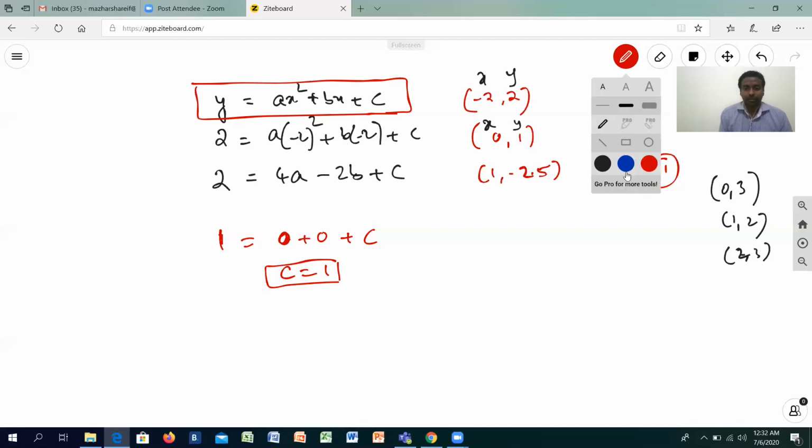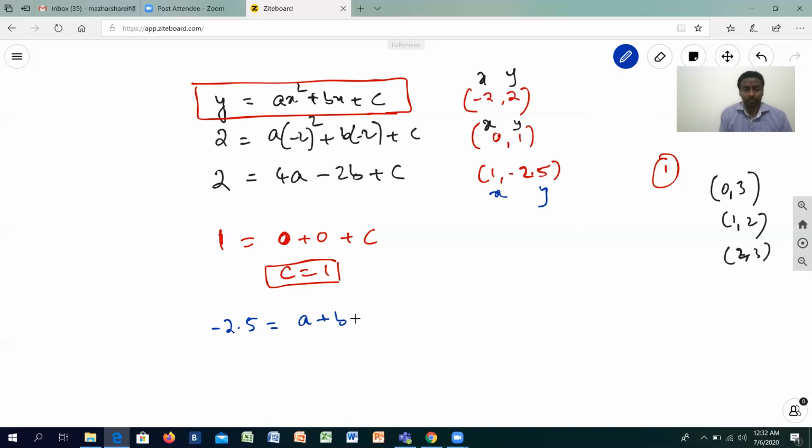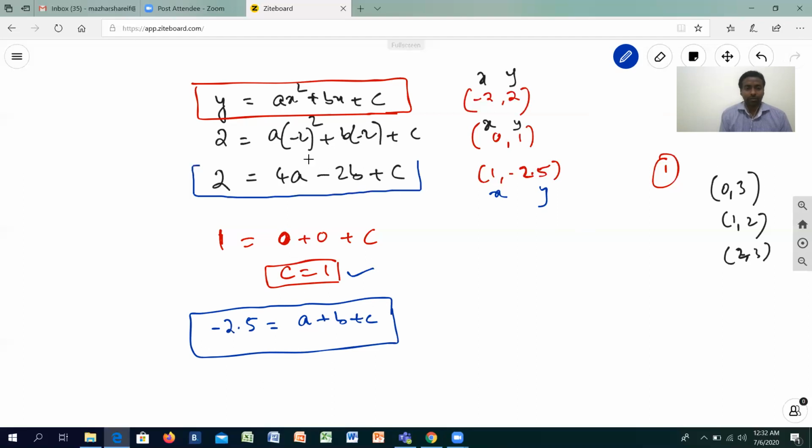Let me take the other point, x and y, and substitute accordingly in the general form. My y is negative 2.5, and upon substituting x equal to 1, I get a plus b plus c. As I told you, this value of c we are going to substitute in the other two, the rectangular boxes that I have made in blue.